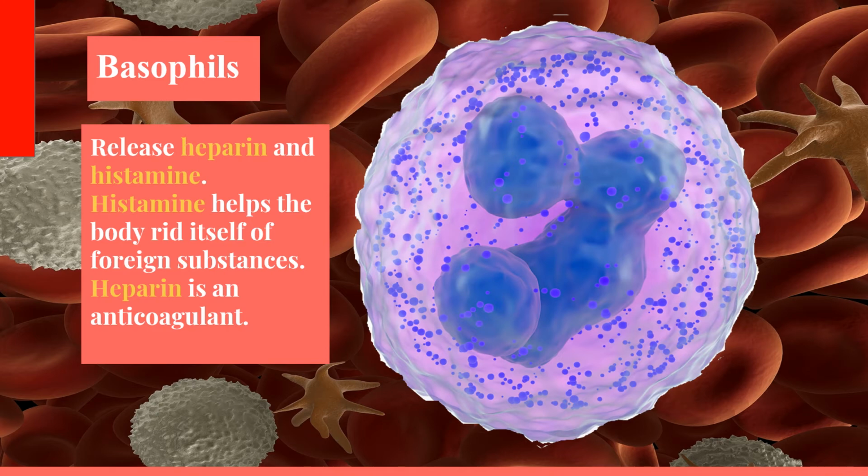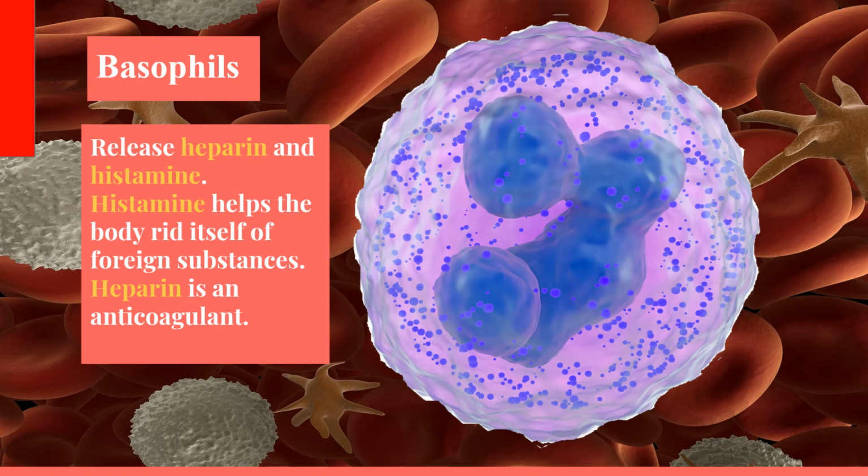Now on to basophils. Basophils release heparin and histamine. Basophil cytoplasm contains a lot of granules which stain blue with a certain basic dye. For basophils, a high count usually means chronic inflammation.